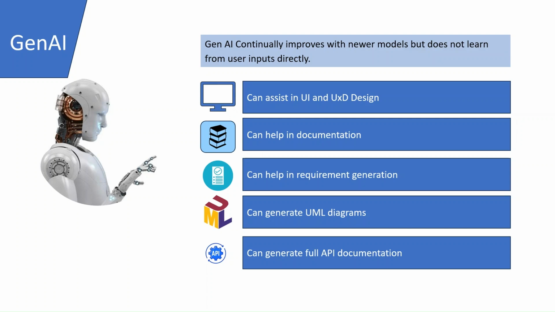Let's say you want to know what a neural network is, or what happens with climate change, or what the complexity of a chemical equation is, or what the atomic number of a particular element is, all of this you can get using GenAI. It can help with requirement generation and also generate structured documentation automatically. For example, if you are building an e-commerce site, you can provide input something like, I want a structured requirement documentation which covers the following features.